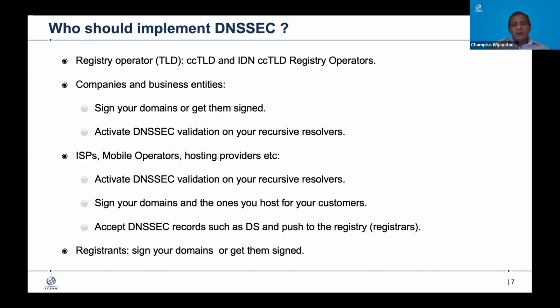And .mm will put that record into their zone and include their signatures into that. And they will also have a DS record, which they will send to their parent, which is root, because above .mm, it is the root, right? So this is how we propagate the trust from one level to another level to another level. Okay.